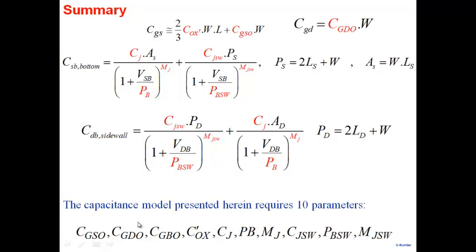These are the 10 parameters that have to be known in order to calculate all the capacitances. And these are the capacitance parameters that are provided to you by the manufacturer. The manufacturer will give you all the values that you see here, so these are all available. Then all you need to do is know the length of the source, the length of the device L, and the width of the device, and with these expressions you can calculate all the capacitances.